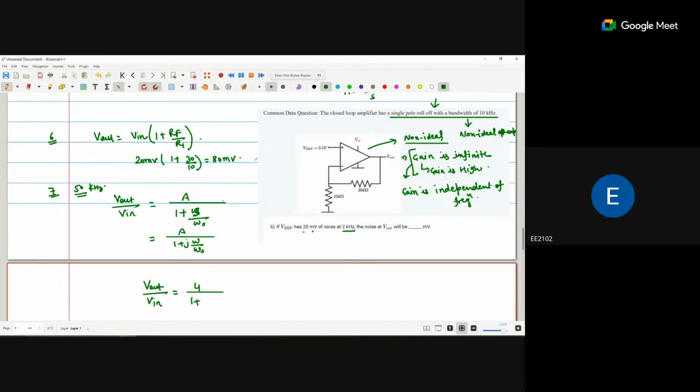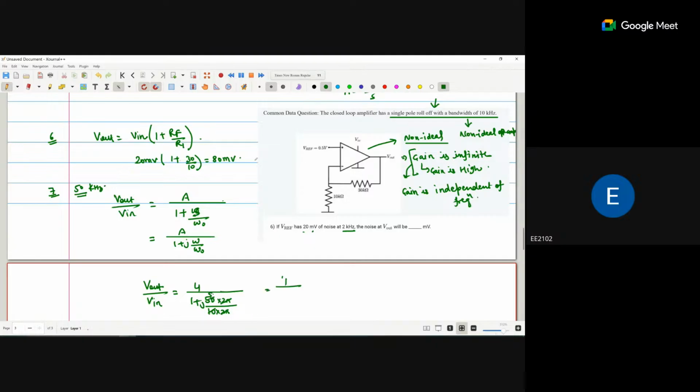Divided by 1 plus j times omega, which is 50 multiplied by 2 pi, upon 10 multiplied by 2 pi. The 2 pi cancel out, so that is 5.